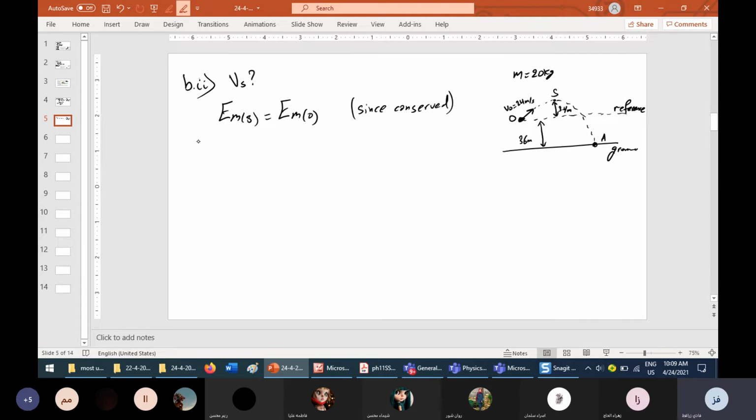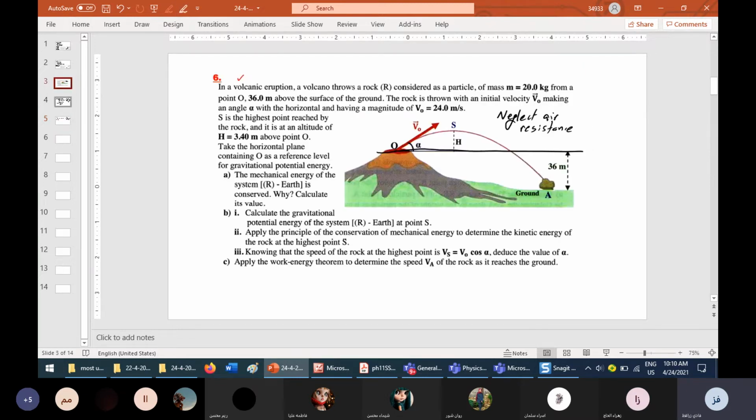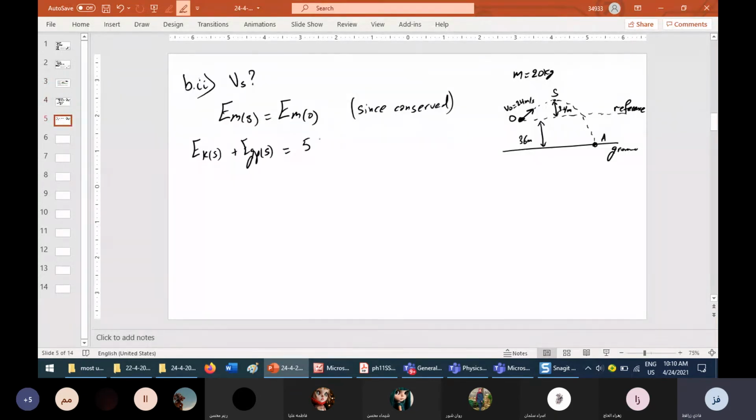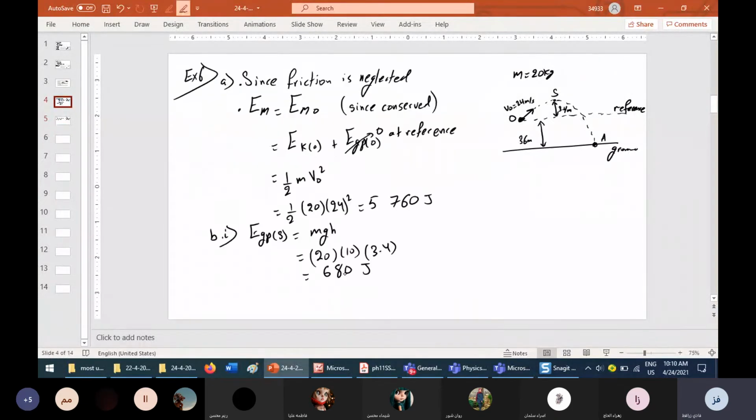Let's write all the components. The components are kinetic energy at S plus gravitational potential energy, which was just calculated at S, equal to the 5,760. Let me revise it: 5,760. The gravitational potential energy was just calculated to be 680.